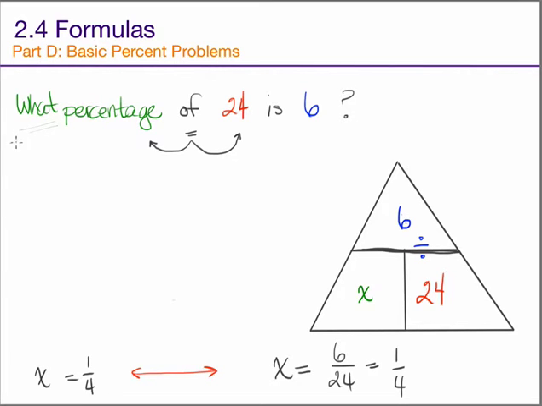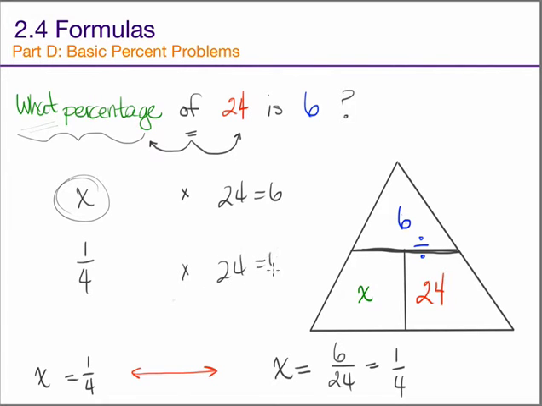But if I'm careful, rereading the question, I notice that I'm asked for what percentage. I found a fraction. So if I think of this sentence as having been rewritten, x times 24 equals 6, and x has to be a percentage, what I've currently got is 1/4 of 24 is 6.